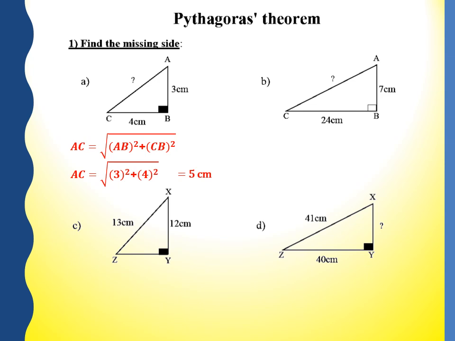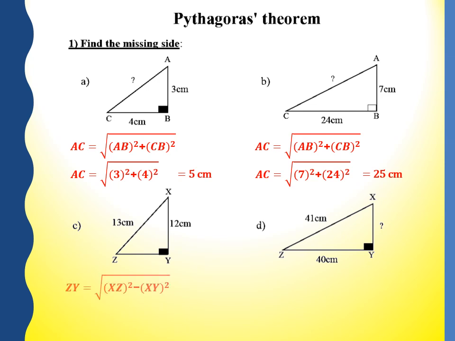Number B is the same, AC is a hypotenuse, then AC equals the root of AB square plus CB square, which is 25 centimeters. Number C, the missing side is one of the sides of the right angle, then ZY equals the root of XZ square minus XY square, which is 5 centimeters.